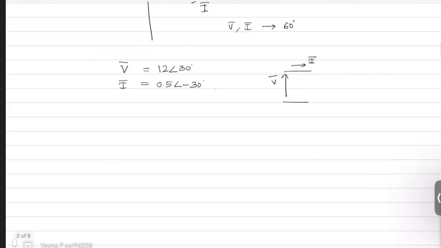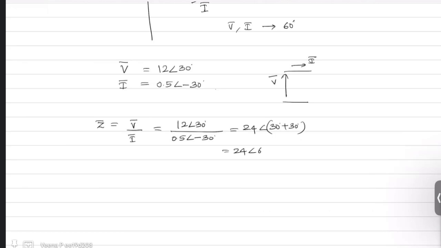The impedance of the circuit is given by the voltage across the impedance divided by the current through the impedance. Impedance is a vector quantity. So you have 12 angle 30 divided by 0.5 angle minus 30. This comes out to be 24 angle 30 plus 30, because when it goes into the numerator, it becomes 30 plus 30. So this is 24 angle 60 degree ohms.